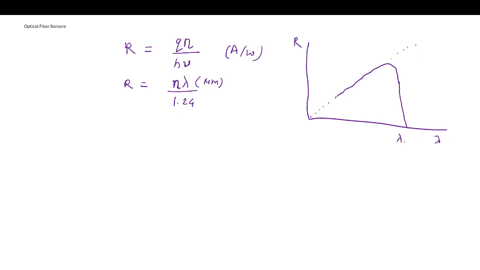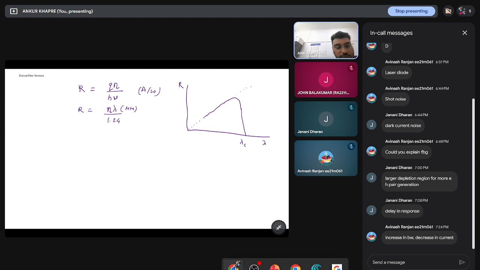It's called cutoff. So why is it happening? Can you tell what the problem is? Why does the responsivity decrease after increasing the wavelength? At longer wavelengths the responsivity will not be there for a few photodiodes, based on the range. So what could be the reason?